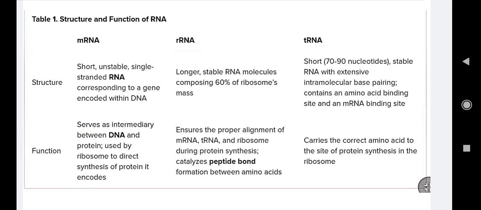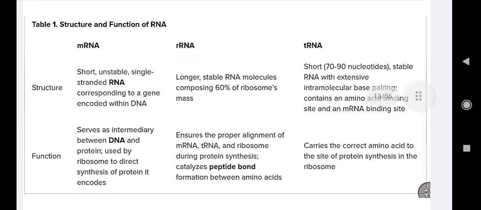So mRNAs are very short structures, unstable. They are not quite stable for a long time. They will be easily degraded after the translation process.